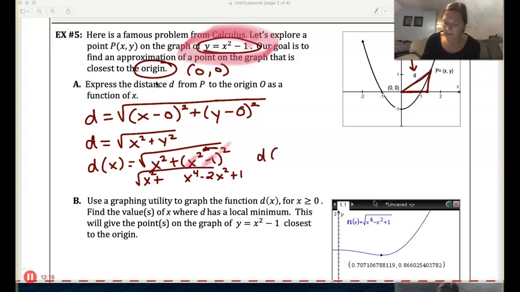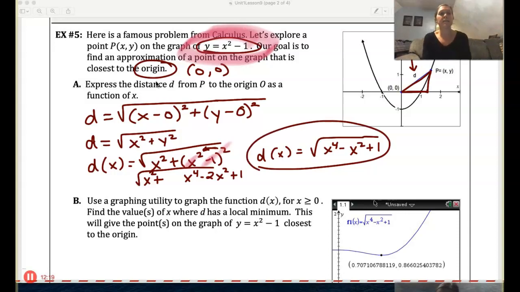Simplify, so d of x is equal to the square root of x to the 4th minus 1x squared plus 1. All right, so there we expressed the distance d from P to the origin as a function of x. So I don't have any y's in there anymore.